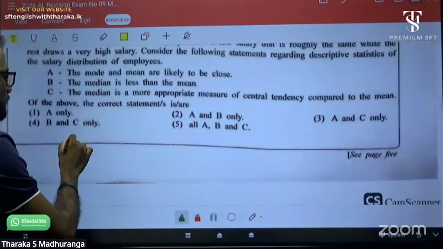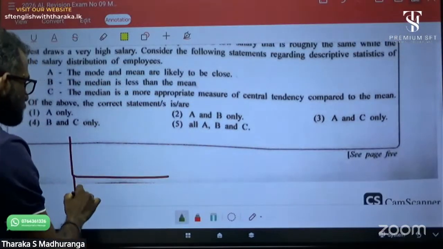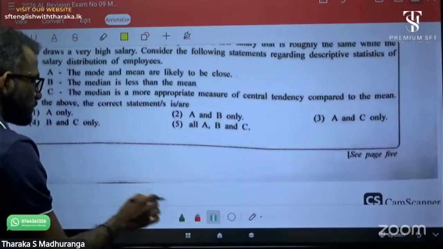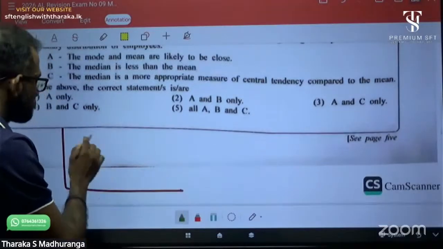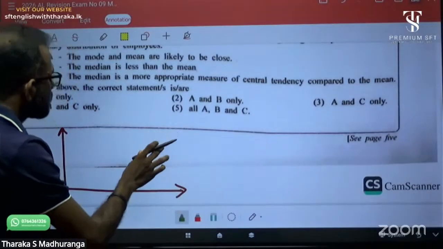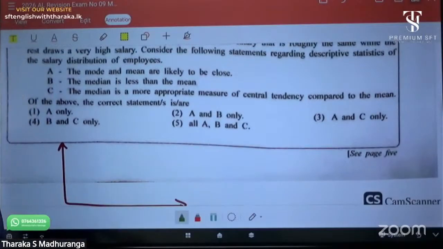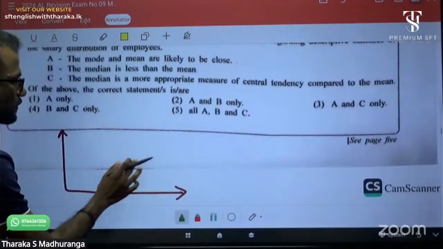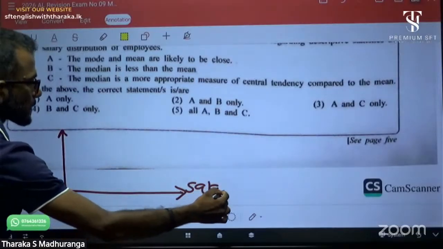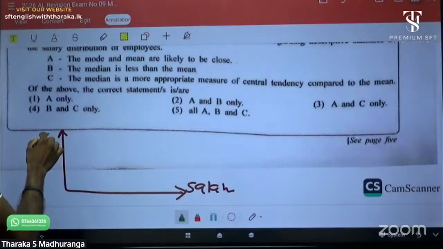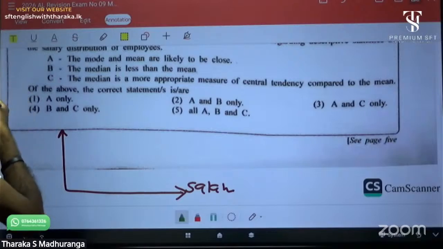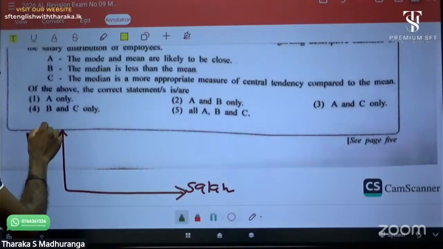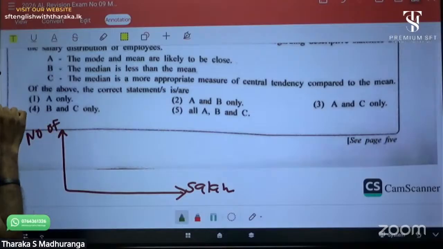How about the salary distribution of these employees? That is the most important thing. Think this axis is salary and this is the number of employees.